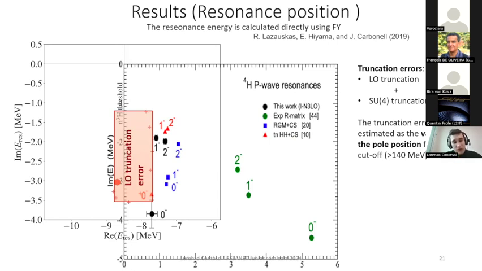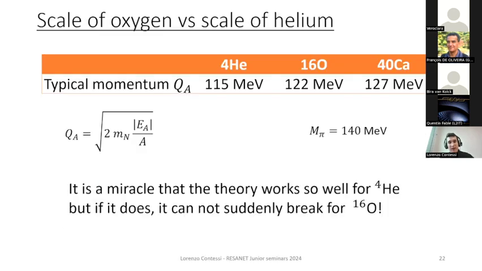It gives you a reason to continue and see what else you can do. So if you calculate the typical momentum of systems and you go to helium-4, you see that the typical momentum of helium-4 is pretty large. Helium-4 is actually pretty bound. So you would not expect pionless to work as well as it does. But if helium-4 works well, then you would expect that for larger nuclei the theory should also perform relatively well.